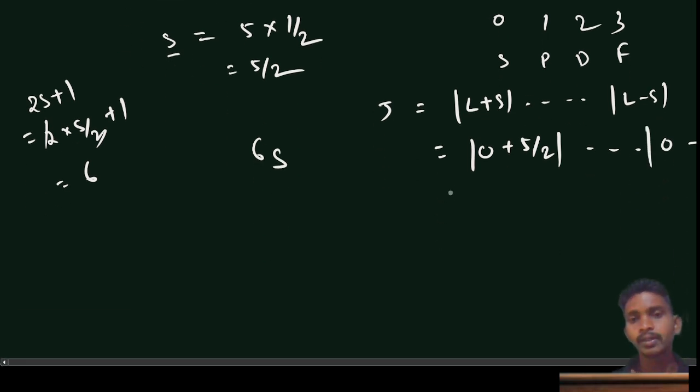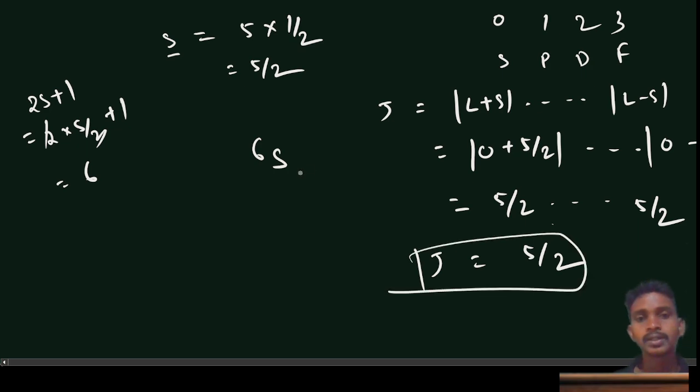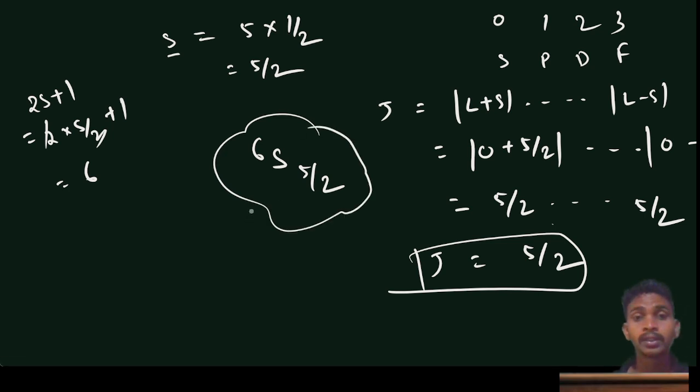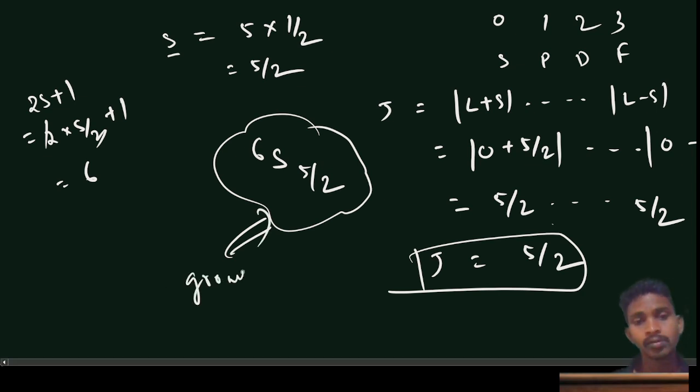Taking the modulus, that again becomes 5 upon 2. So there is no gap, and the J value will be 5 upon 2. Only one J value comes, so there is no need to decide which is the ground state and which is the excited state, because only one term symbol is there, so this is the ground state.